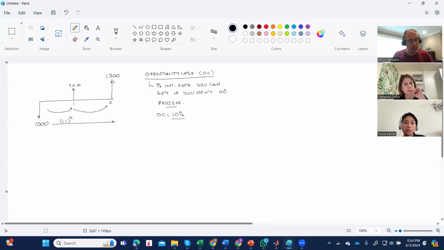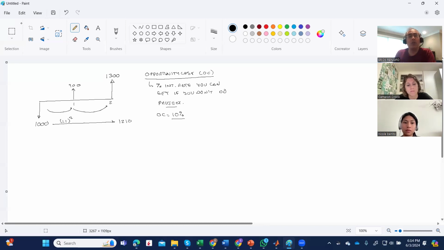So this is 1,000 times 1.1 squared. So this is 110, so the value of this one here is 1,210. Agree with me? So if you have your $1,000 and you have an opportunity to invest at 10% per year, let's say, at the end of 2 years, you're going to have 1,210. Correct? Guys, make sense?